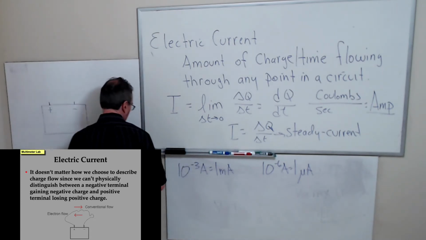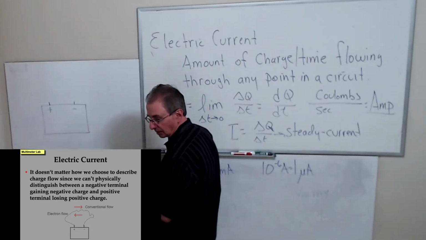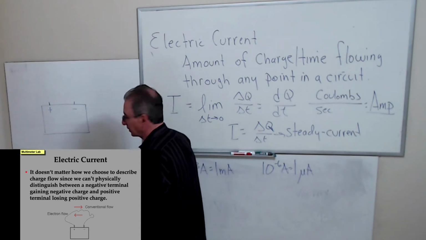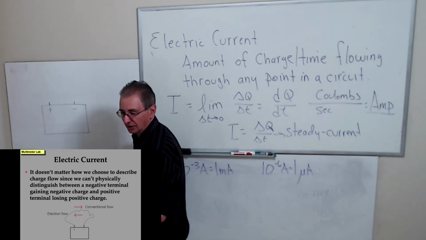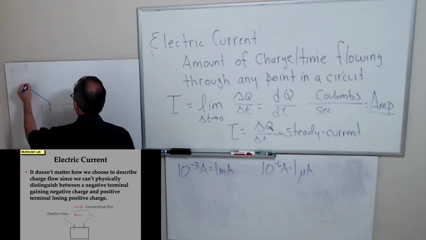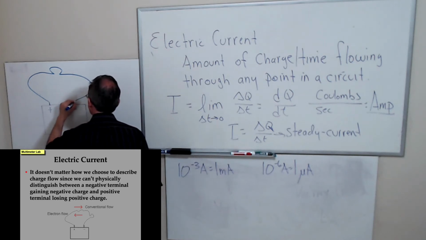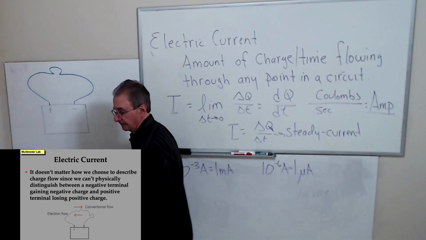And I'm going to draw a circuit. I want to draw a better circuit than what you see in the PowerPoint slide, because the PowerPoint slide essentially shows you a direct short. I'm going to put a light bulb in my circuit so that it's a little bit more realistic. So I'm going to take a wire, connect it to a light bulb, and then the other end of the light bulb is going to go to the other side of the battery.